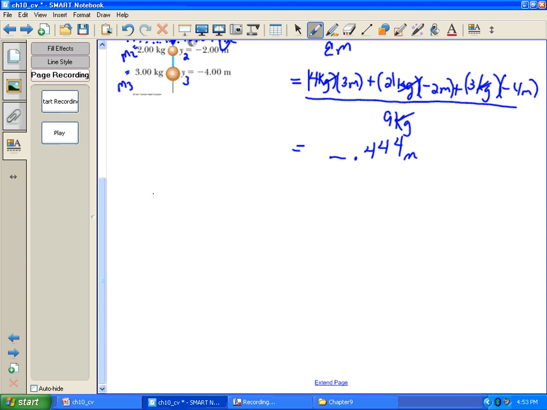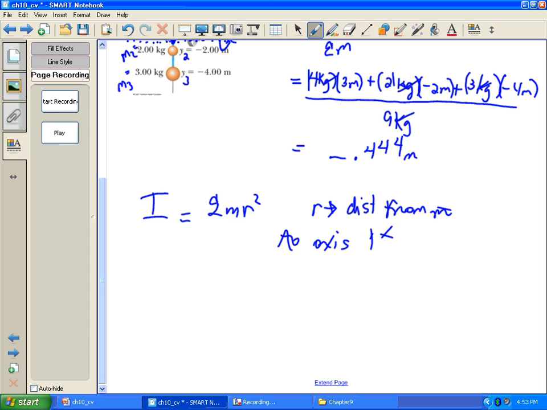To determine the moment of inertia, the definition for point masses is m times r squared, where r is different from y or x because r is the distance from the mass m to the axis of rotation.